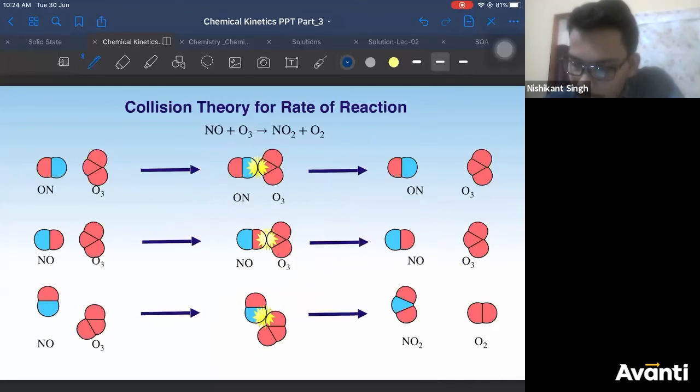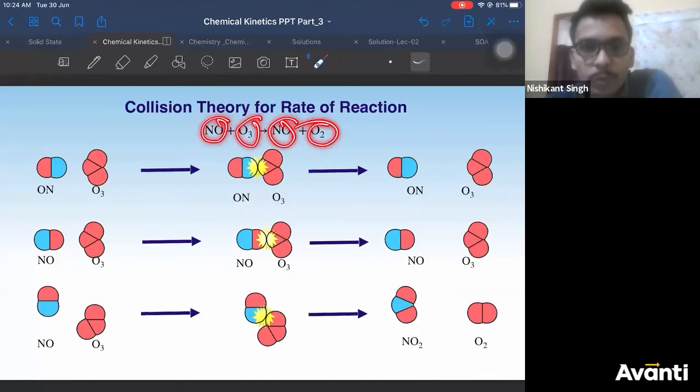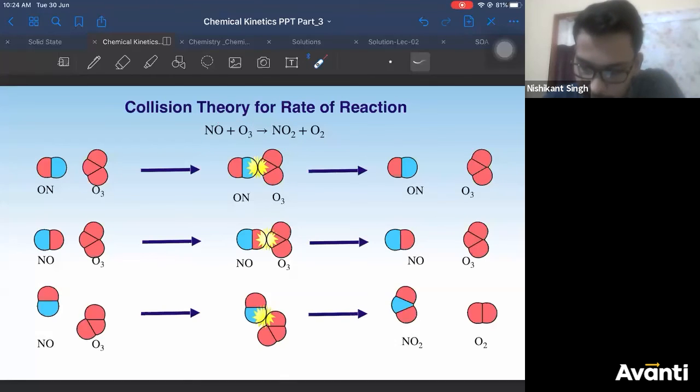We have taken an example here. NO plus O3 gives you NO2 plus O2, right? See carefully. In the first case, nitrogen and oxygen are coming close to each other. They collided with each other, but still the reaction did not occur. But in this case, I changed the orientation. I made oxygen interact with oxygen.